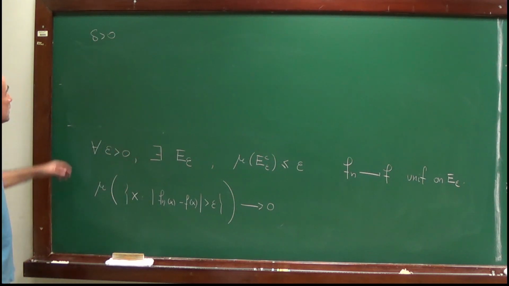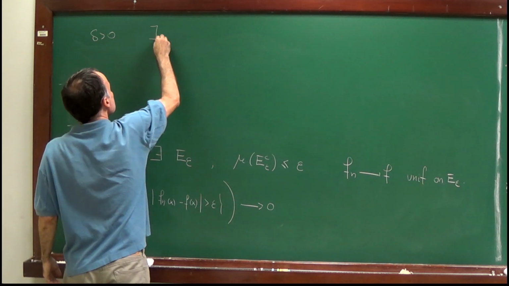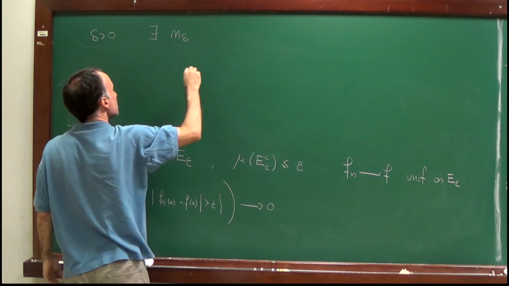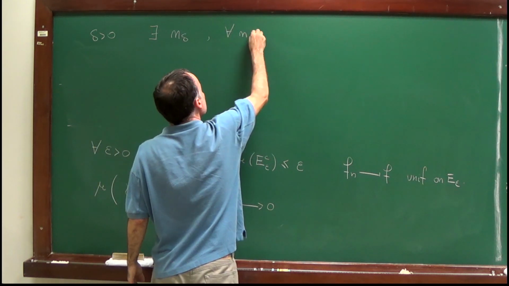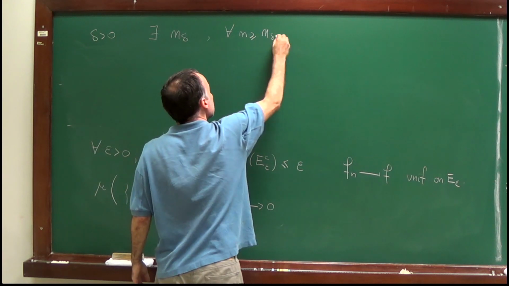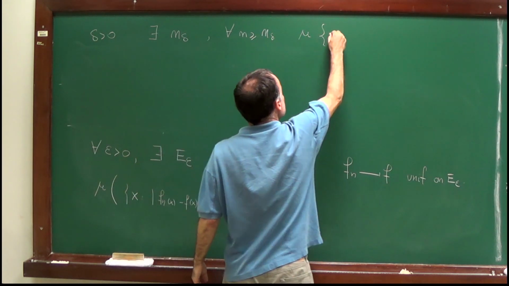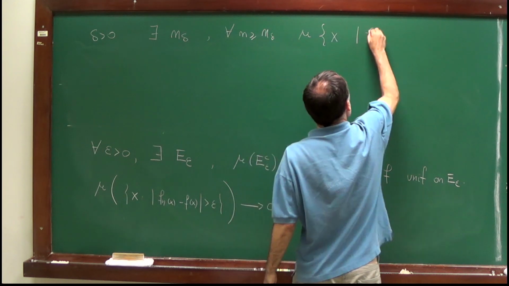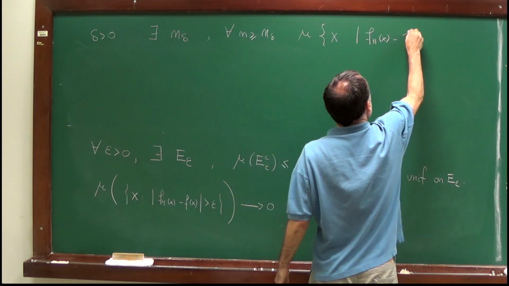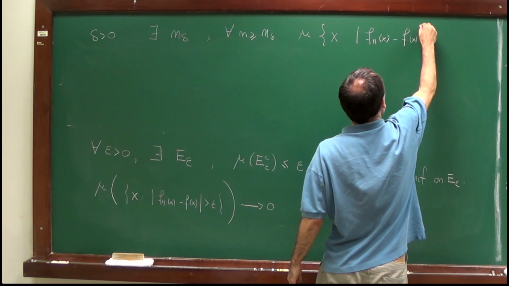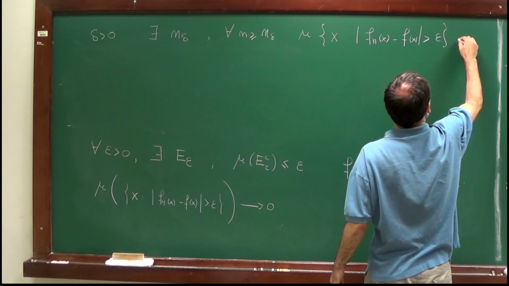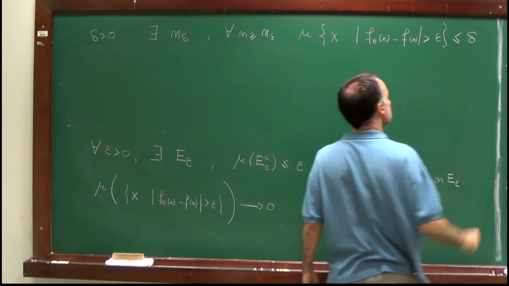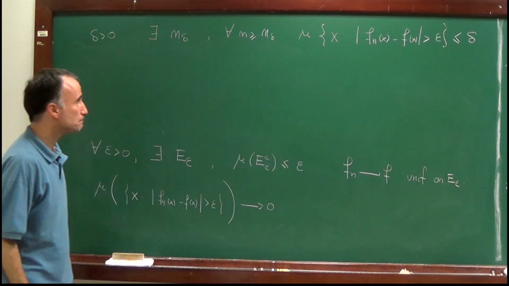What we have to prove is that if you fix some delta positive, there exists some n which depends on delta, such that for all n larger than n delta, the measure of the points x such that |fn(x) - f(x)| is larger than epsilon is smaller than delta.